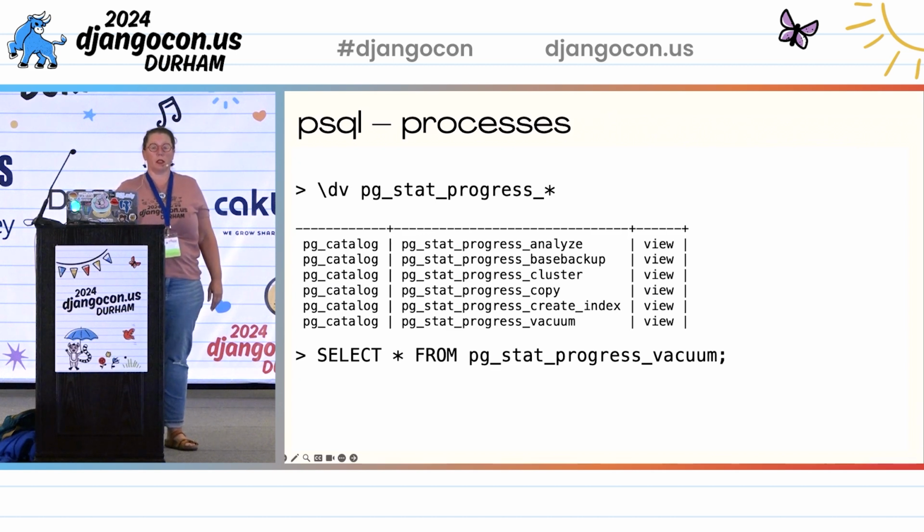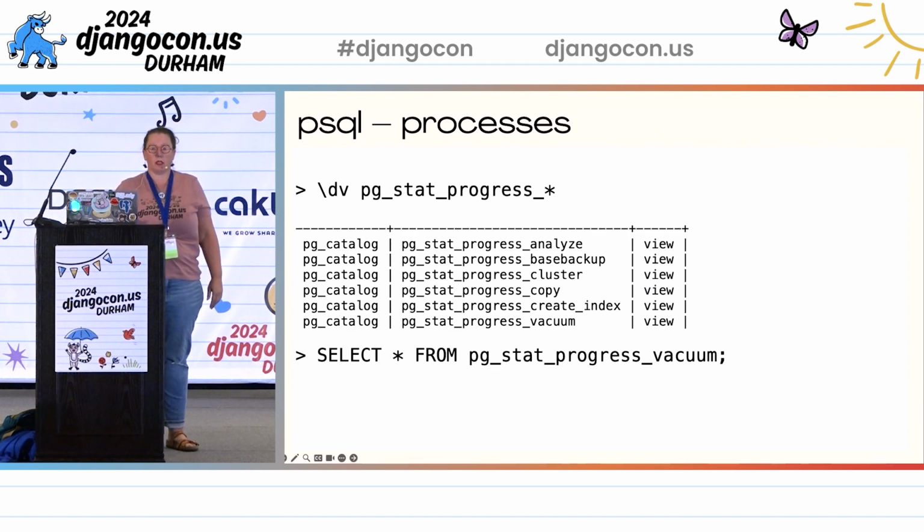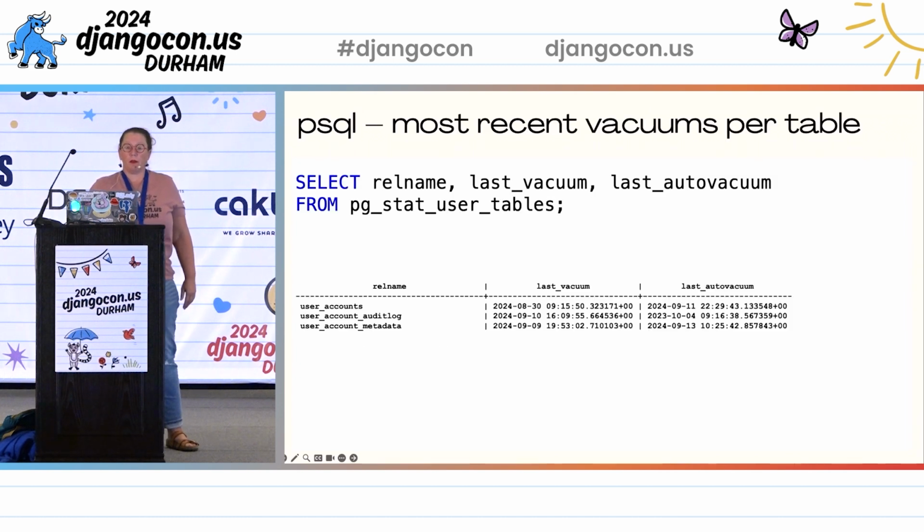But you can check on things like if you have a copy command, like if you're running some kind of ETL process at night and loading a bunch of data, you can check on the progress of those maintenance tasks, which is pretty handy sometimes. If you want to dig in more on Vacuum, you can query Postgres and ask it, how long ago did you vacuum, and different things like that.